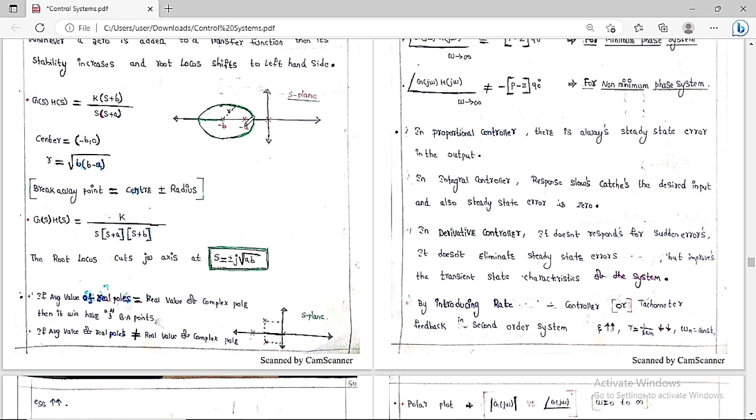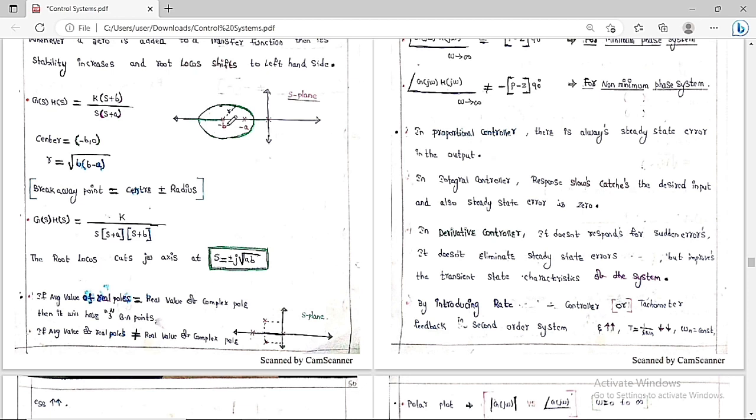Then what are the breakaway points? So this is the breakaway point, and this is also a breakaway point. So these two are called the breakaway points, simply. So what is this? We can say center plus or minus radius.